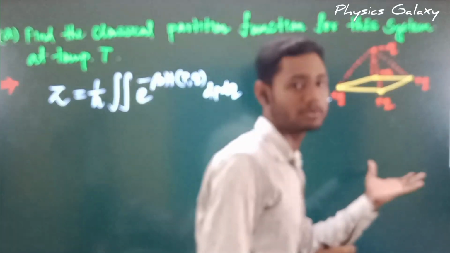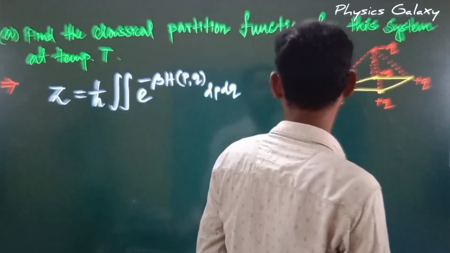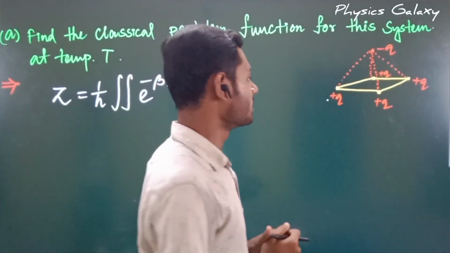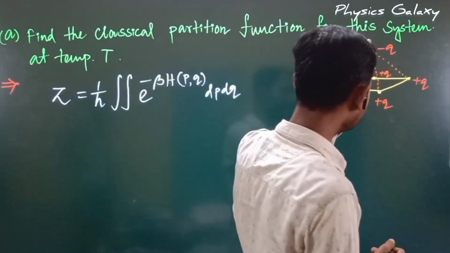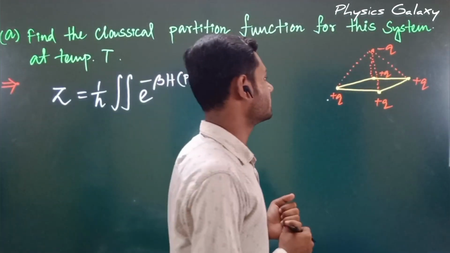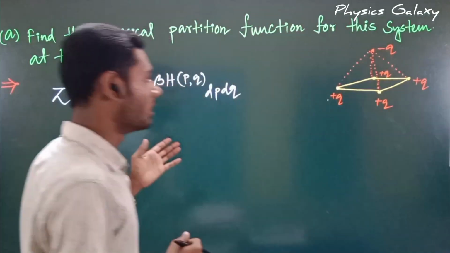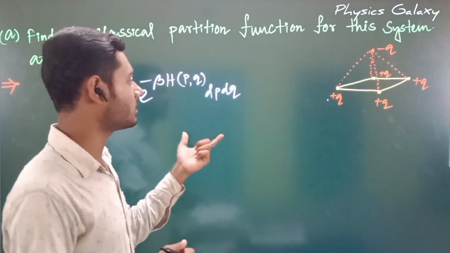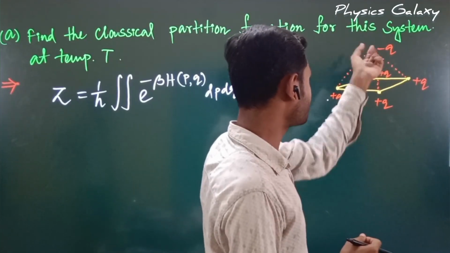This is the figure of the system, and we have to write the Hamiltonian for it. The minus q charge can move only along the x-axis, so this is the classical partition function for 1 degree of freedom, because there is only 1 degree of freedom in this system.